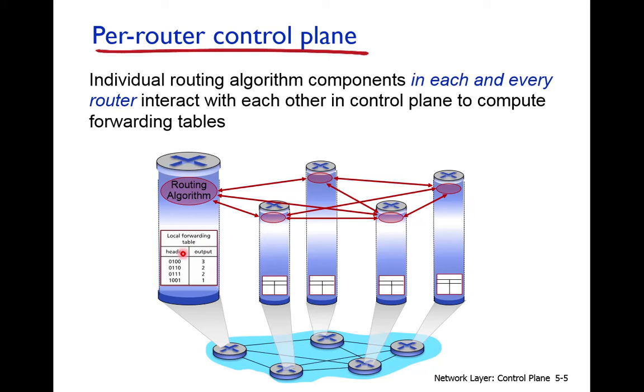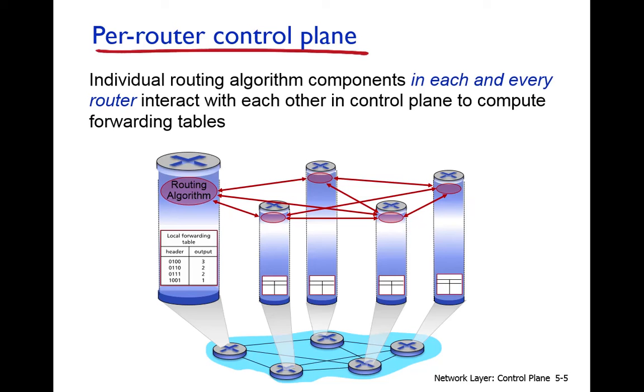So individual routing algorithm components in each and every router interact with each other in the control plane to compute the forwarding table. This is called the per-router control plane, or traditional networking. That is, the control plane is present in each and every router.